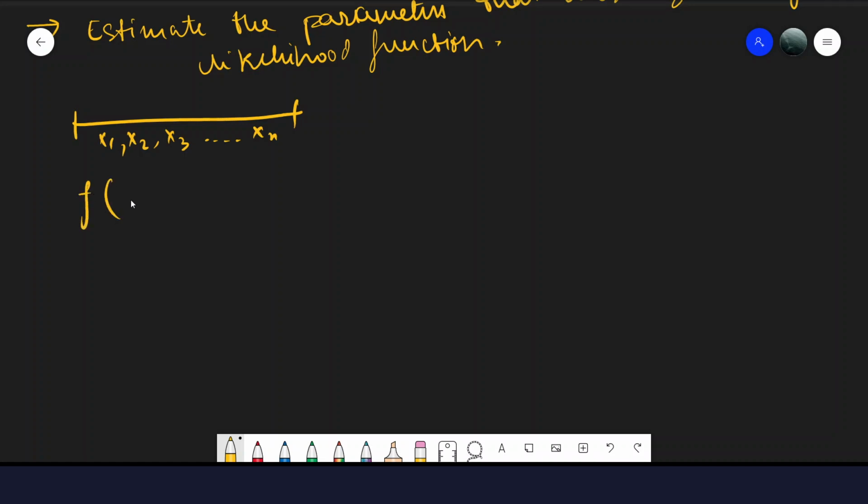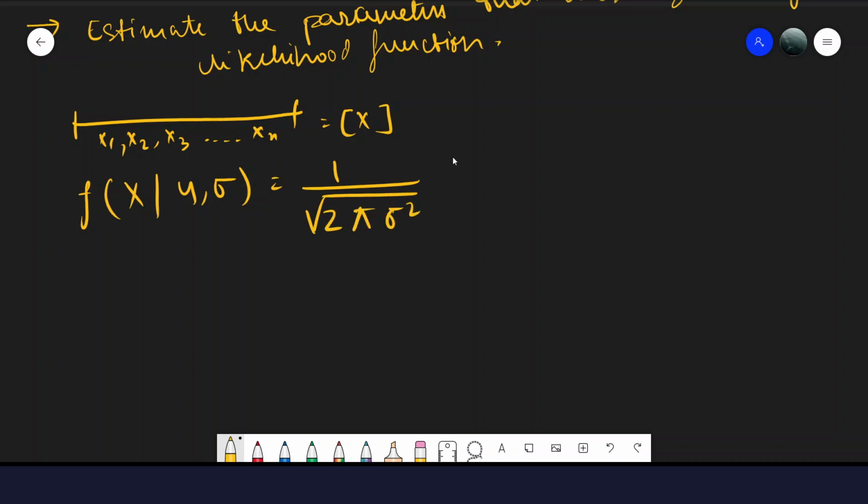I'm going to write this data set as X. My data set follows the Gaussian distribution. So I'm going to write this as 1 by under root 2 pi sigma square exp of minus half into x minus mu by sigma the whole square.